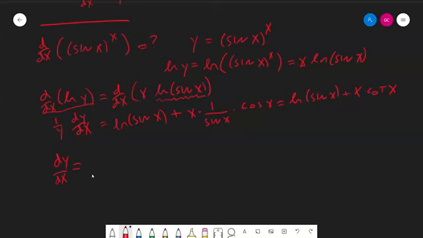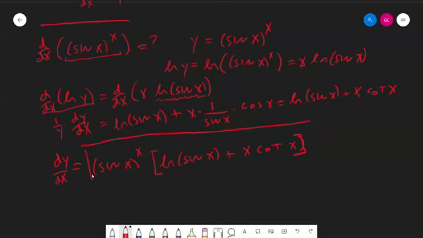And y, remember, stands in for the original function, so dy dx is sine of x to the x times the whole quantity that we had on the right-hand side, ln of sine of x plus x times cotangent of x. Okay, so there you go. That's the derivative of sine of x to the x.